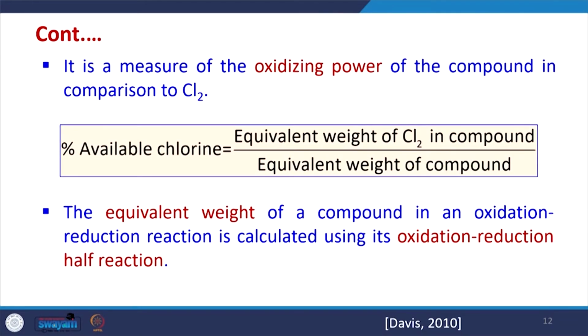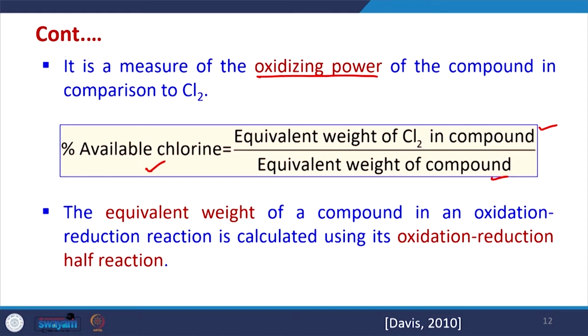Going further, it is used as a measure of oxidizing power of the compound in comparison to Cl2. So, percentage available chlorine: we find out the equivalent weight of Cl2 in the compound and the equivalent weight of the compound itself, and by this we can find out the percentage available chlorine, and this is a measurement of oxidizing power.